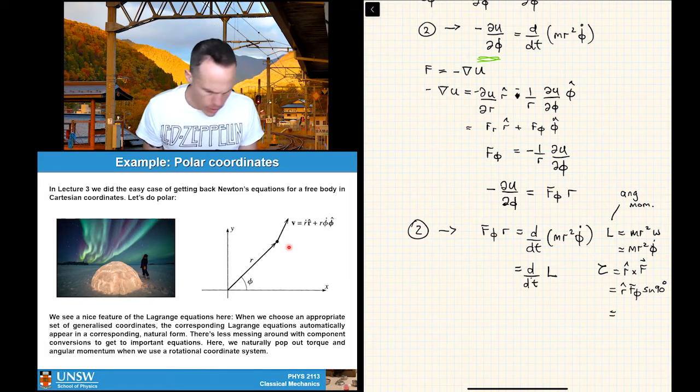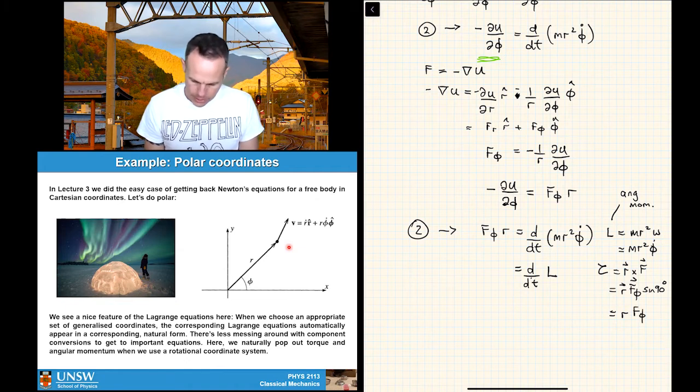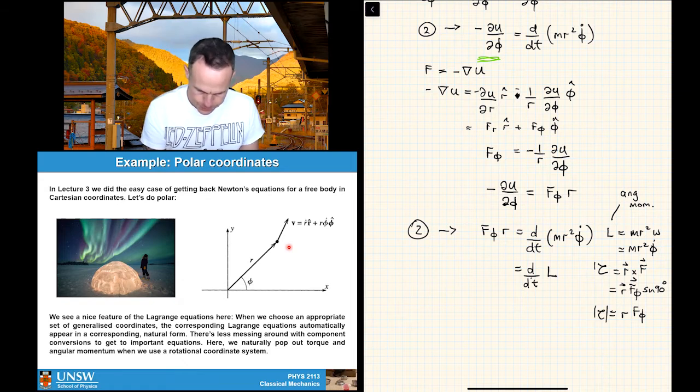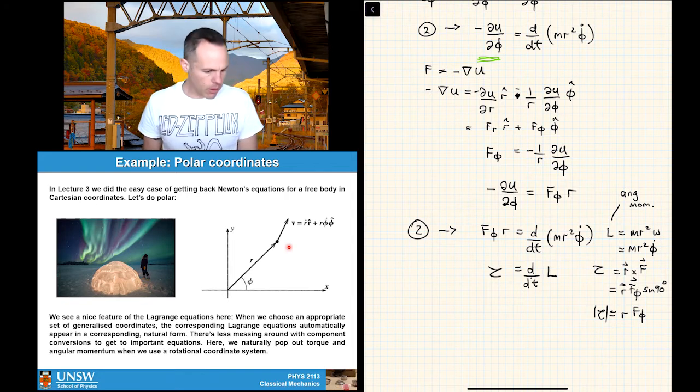And so, actually that's not a hat, that's a vector sign, and that's not a hat either, it's a vector sign. And it will be r, that'll be a vector sign just there too. This will be r F_phi as a magnitude, okay? If we look at the magnitude of tau in here, this thing on the left-hand side here is basically a proxy for tau, okay?